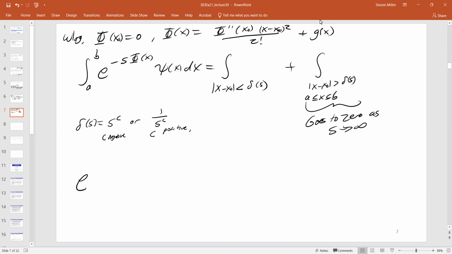If I look at e to the s phi of x naught versus e to the s phi of x naught plus, say, 1/square root of s, this is approximately e to the s phi of x naught plus s phi double prime of x naught. 1/square root of s squared is just going to be 1/s, and then we have a factor of 1/2.